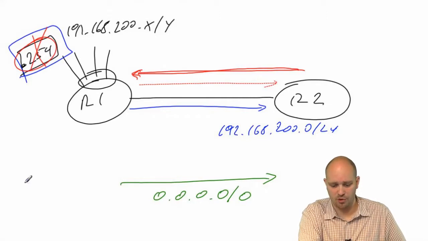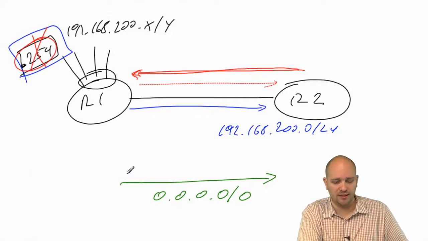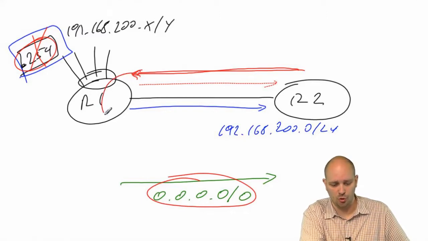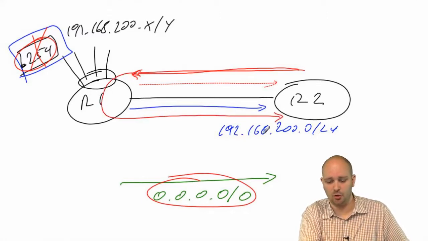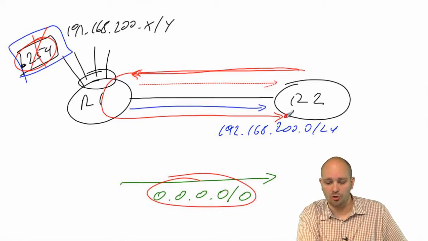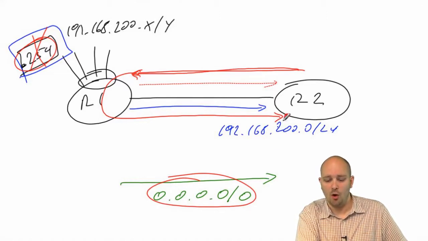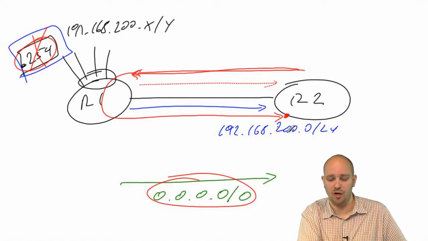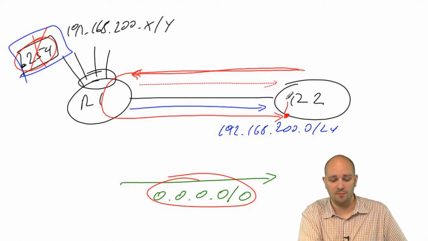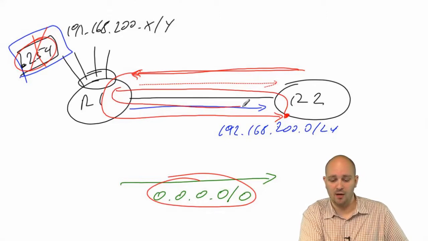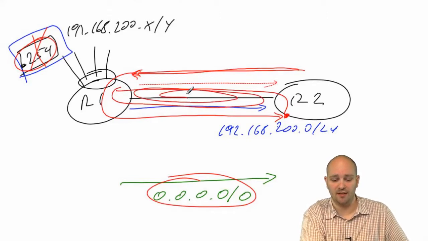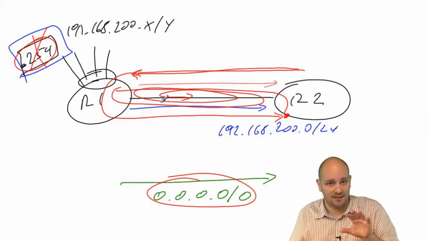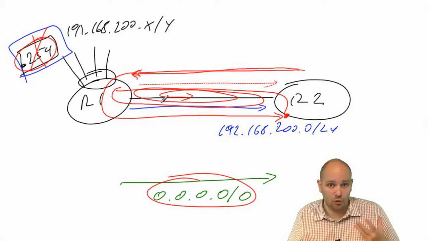R1 does not have a more specific route, and the only route that it can follow is actually the default route. So it's going to send the packet to R2. Now R2 is going to look at its own routing table: oh, I have the traffic that's supposed to go to 192.168.200.254, let me send this to R1. And then we are going to end up having the loop. And this is the exact situation that the discard route is designed to prevent.